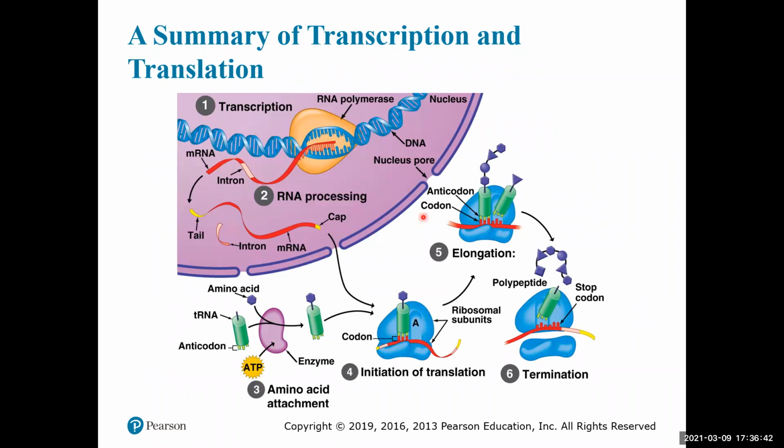So you have this figure here. You have transcription in the nucleus, which makes that RNA molecule. That RNA molecule is modified with the tail and the cap. The introns are cut out. The exons are spliced together.